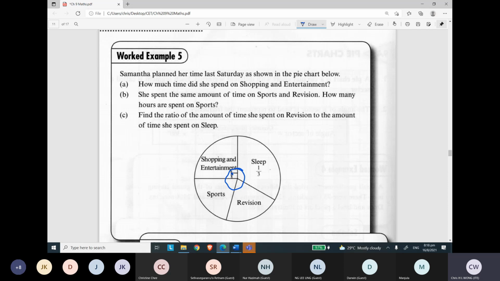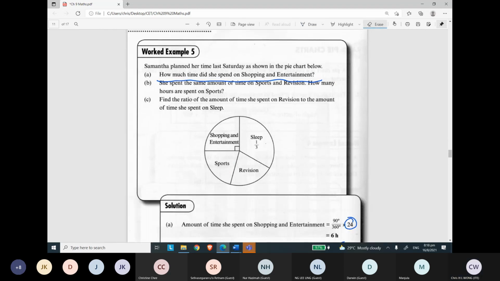Now, you look at the degree. This one is 90 degrees, right? Total is actually 360 degrees. So they ask you, how much time did you spend on shopping and entertainment? Can you see the 90 degrees there? If it's 90 degrees over the total, total is 360, isn't it?